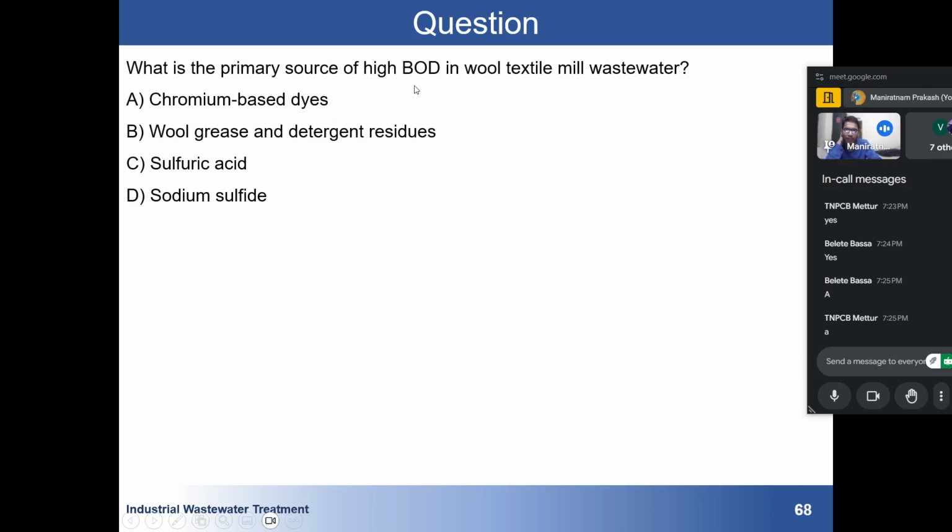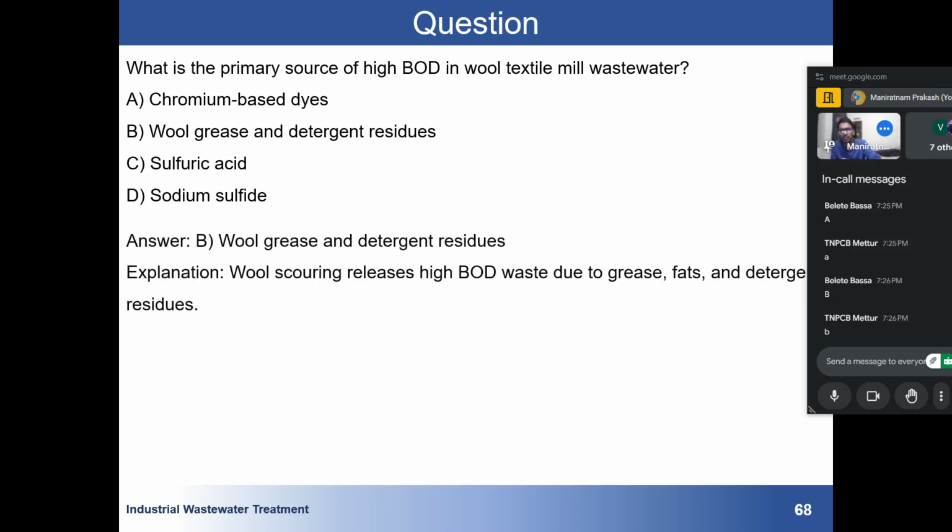What is the primary source of high BOD in wool textile mill wastewater? This is a simple question also. B. Wool grease and detergent residue. Yes, correct. When we are talking about BOD, it should be biochemical. Chromium is fully inorganic, no relation to BOD. Sulfuric acid again fully inorganic. Sodium sulfite is fully inorganic. Wool will contain some amount of organic matter, as it is wool waste, animal waste, protein waste.